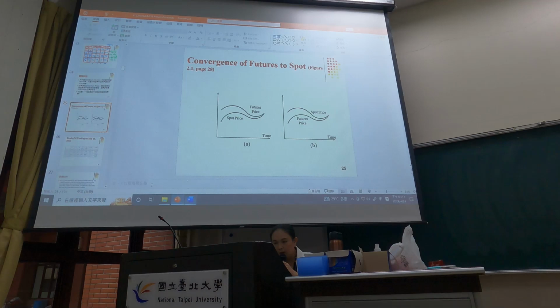Are we okay with that? So when they converge at the same time, at time T, we say that there is no arbitrage opportunity. Can you guys follow me?